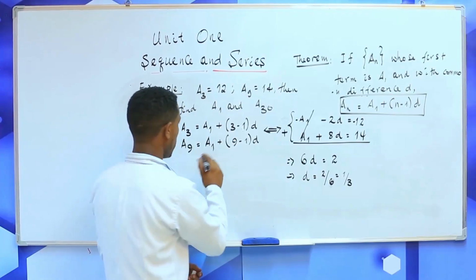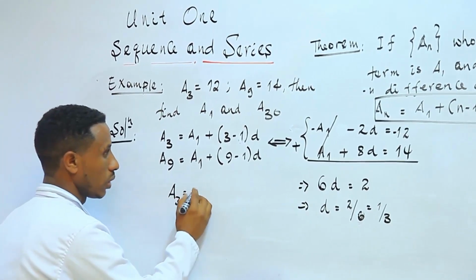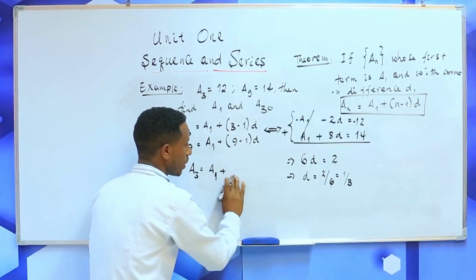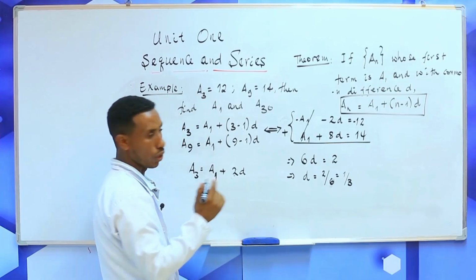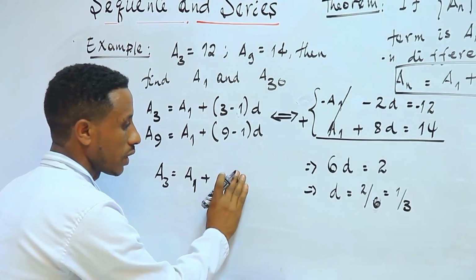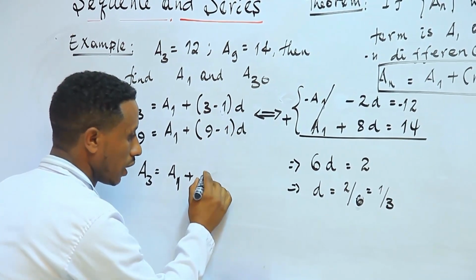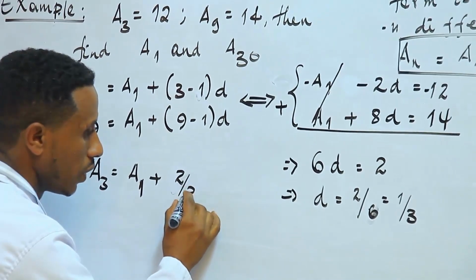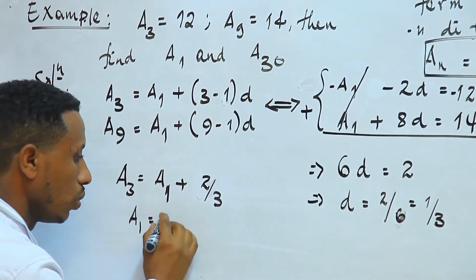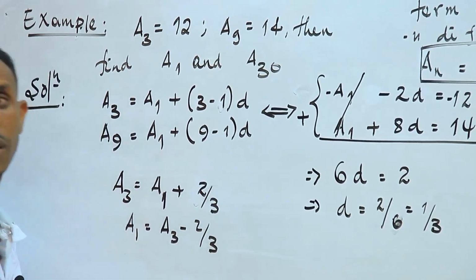You can use either this one or this one. You know A3 is equal to A1 plus 2 times D from the first row. We know how much D is. It is simply 1/3, and what will be 2 times 1/3? It is 2/3. Then A1 is equal to A3 minus 2/3.